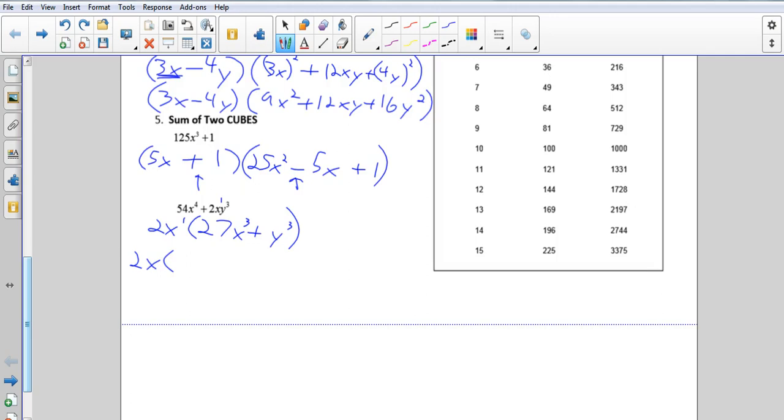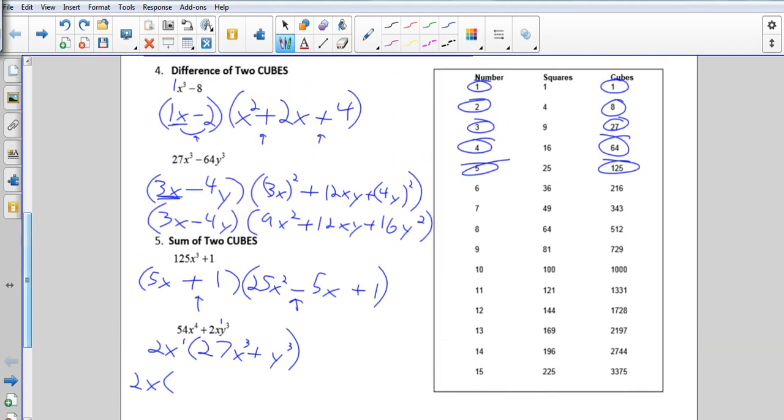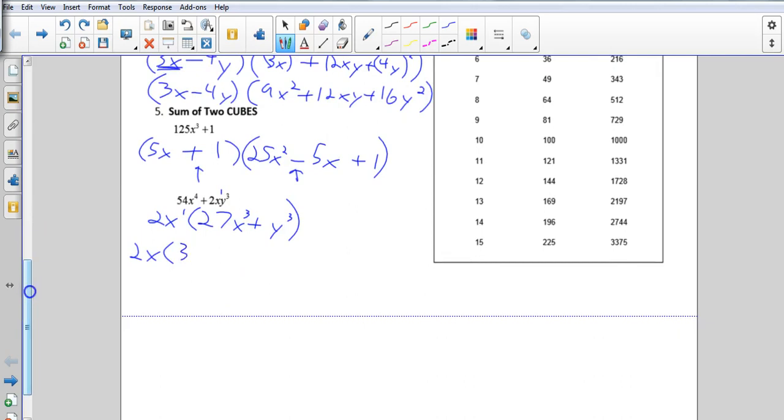Cube root of 27 again is 3. Cube root of x cubed is x. So, same. Cube root of y cubed is y. Now we square a. So 3 times 3 is 9. x times x is x squared.